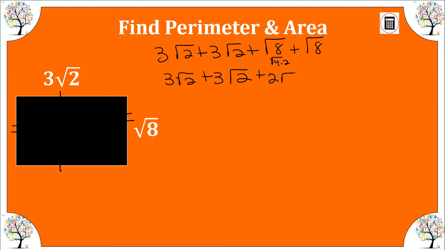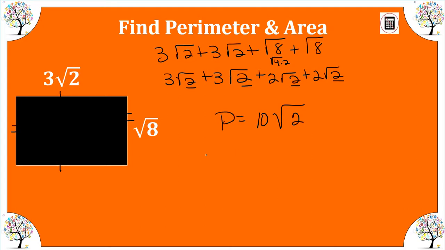So that's 2 radical 2 plus 2 radical 2. So now remember, just like with fractions, we have to have the same radicand, and we don't add those, we just bring it over. And now we're just adding 3 plus 3 is 6, plus 2 is 8, plus another 2 is 10. So we have 10 radical 2 for the perimeter.